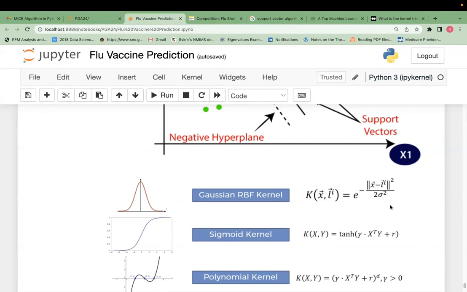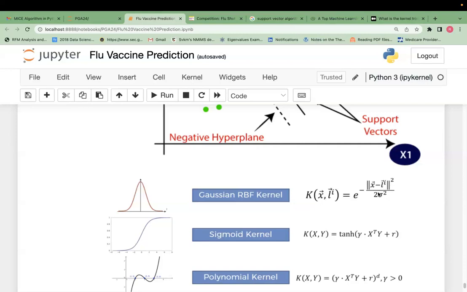If you look at it closely, it is e to the power of minus, over 2 sigma square. Only the magnitude is the difference here. Our normal Gaussian distribution formula also starts with e to the power of, and uses the value x minus mean, divided by 2 sigma square. Here it is slightly different. It is the x vector minus the other vector, divided by 2 sigma square. And this is magnitude, not absolute value.